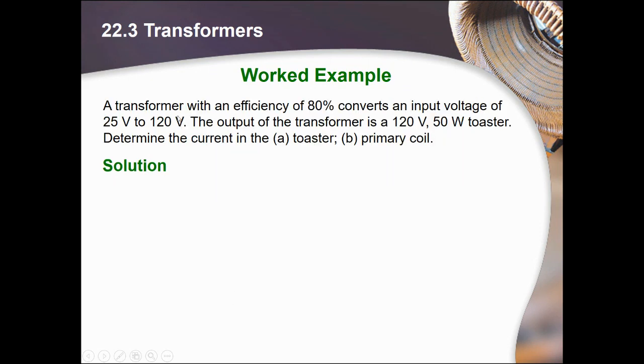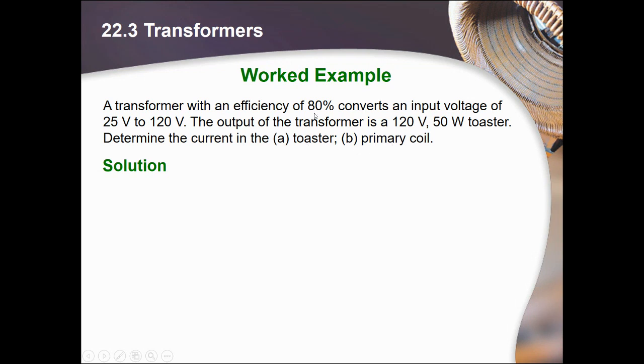Next. A transformer with an efficiency of 80% converts an input voltage of 25 volts to 120 volts. The output of the transformer is a 120 volts, 50 watts toaster. Determine the current in the toaster and in the primary coil.